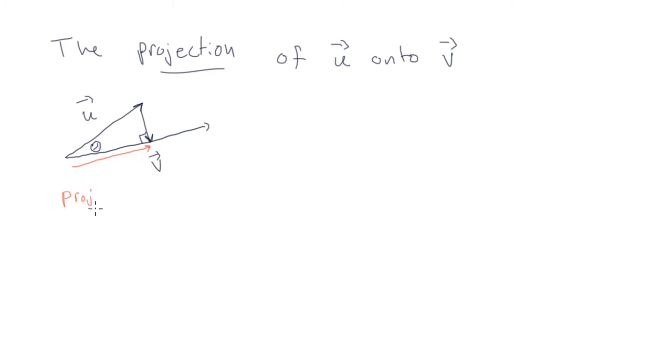In the notation, I put the subscript of the vector that I'm projecting onto, and then in big, the vector that's being projected. So this is the projection of u onto v.